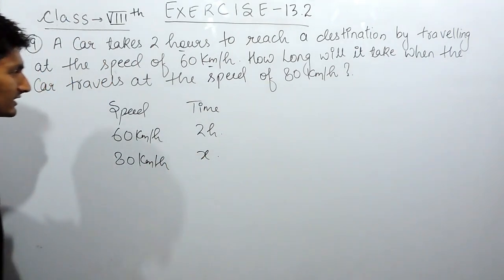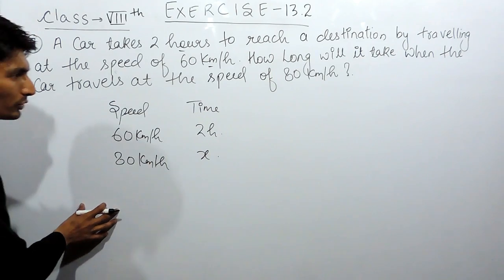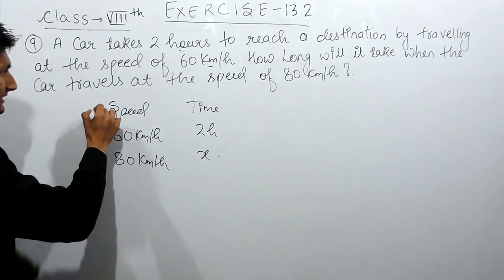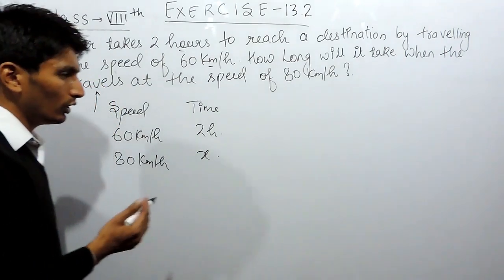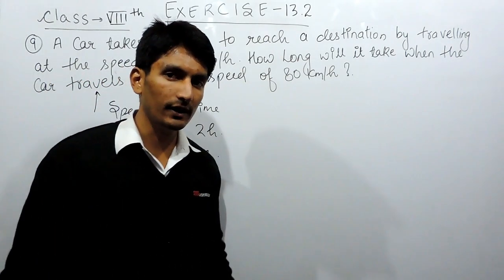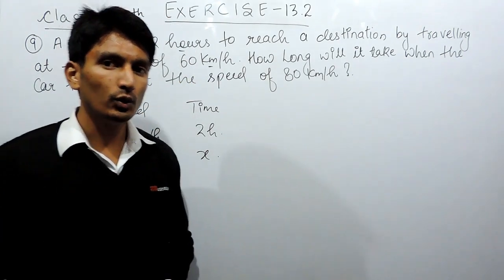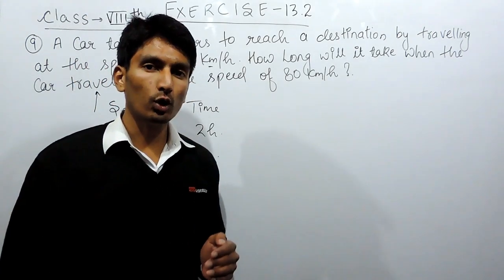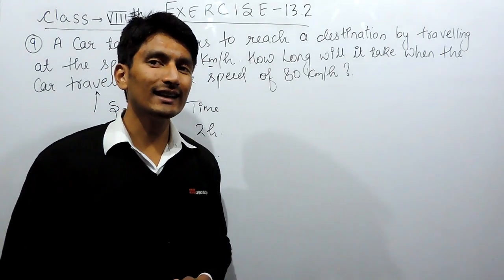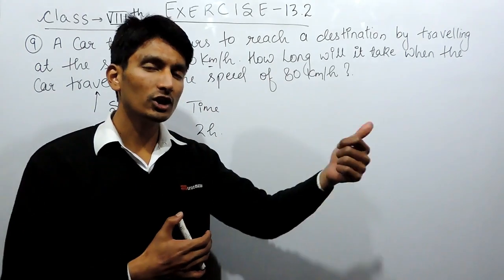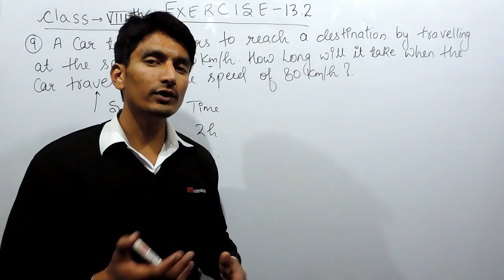Now let's check whether this is a case of direct proportion or indirect proportion. Let's understand this by an example. Suppose you are going from your home to your school and you are getting late, meaning you have less time to reach your school. So what will you do?